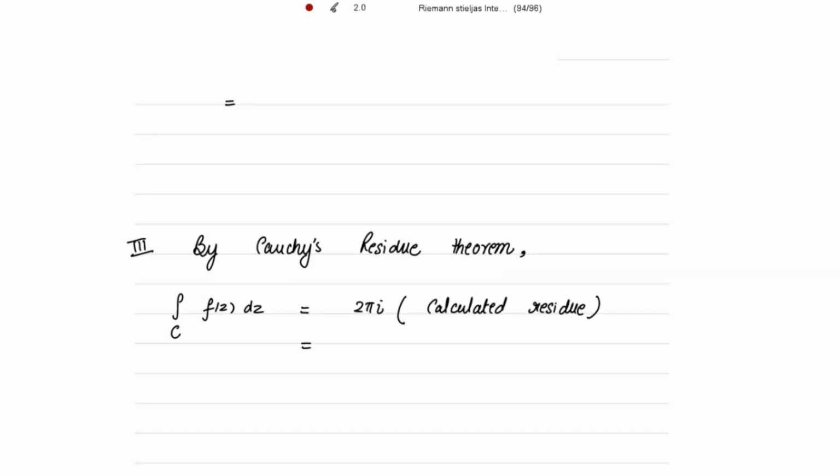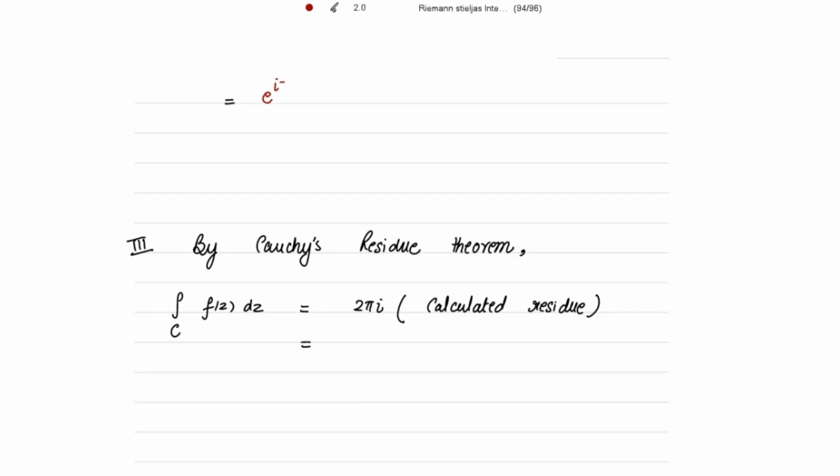So this is e to the power iota z over 2z plus 4, at z equal to minus 2 plus iota. This comes out to be e to the power iota times minus 2 plus iota, over 2 times minus 2 plus iota plus 4. Finally, this is e to the power negative 1 negative 2 iota over 2 iota. This is your residue.